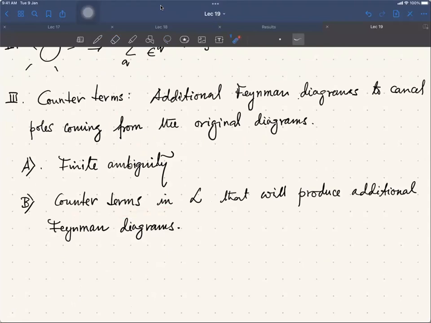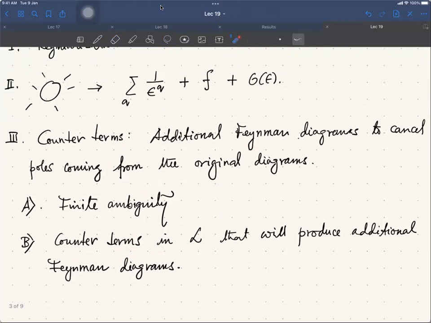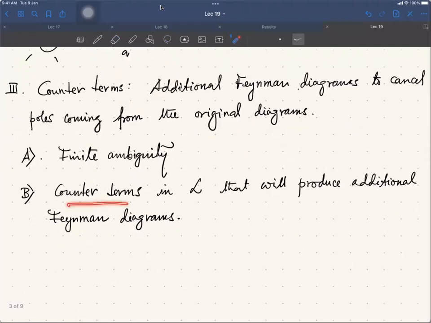Of course, the additional Feynman diagrams have pole terms, because they have to cancel them, so in the epsilon going to 0 limit they will diverge, and therefore the counter terms will also diverge. Once we construct such additional terms to be added to the Lagrangian, we shall discuss the interpretation of these divergences and this finite ambiguity at a later stage.